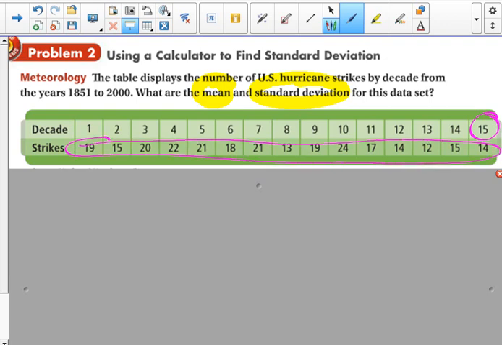So go to your list 1 again, hit your data button, and you should be right inside a blank list 1 if you cleared everything out.